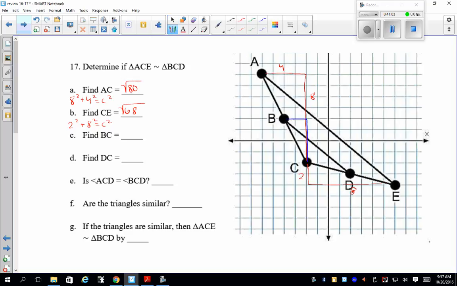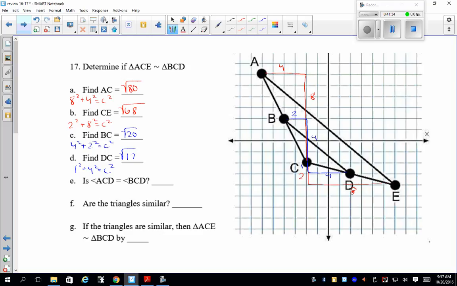BC is up 4 over 2. And 4 squared plus 2 squared is 20. Square root it, you get square root of 20. DC is down 1 over 4. 1 squared plus 4 squared is 17, and I'm going to square root it.